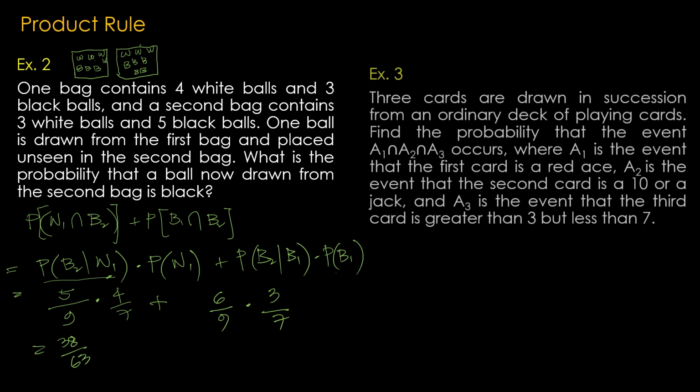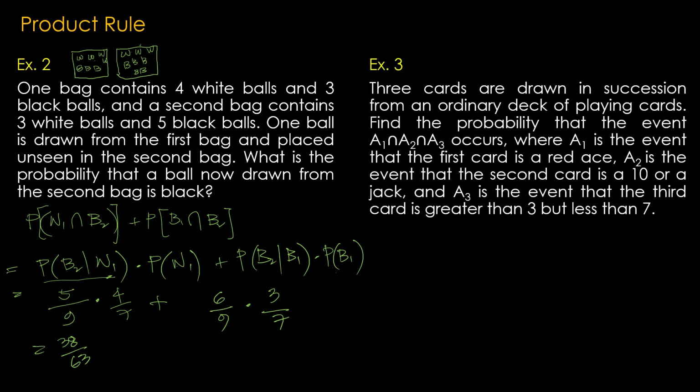Next example. Three cards are drawn in succession, meaning one after another, from an ordinary deck of playing cards. Find the probability of the intersection of the events A1, A2, and A3, where A1 is the event that the first card is a red ace.